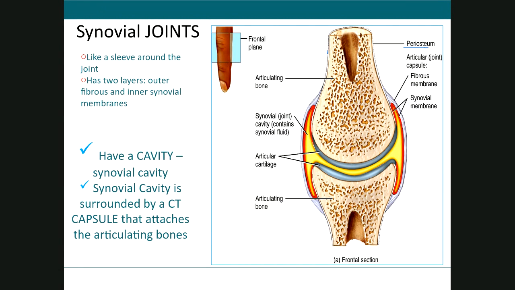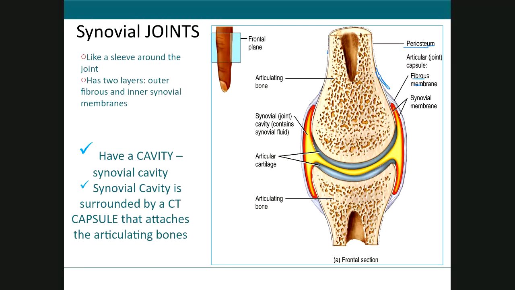It's made up of an outer layer, fibrous membrane, that connects via the dense, irregular connective tissue of the fibrous membrane to the dense, irregular connective tissue of the periosteum. So it makes this connection very strong, very flexible, with tensile strength, meaning you could pull on it and it's not going to tear that easily.